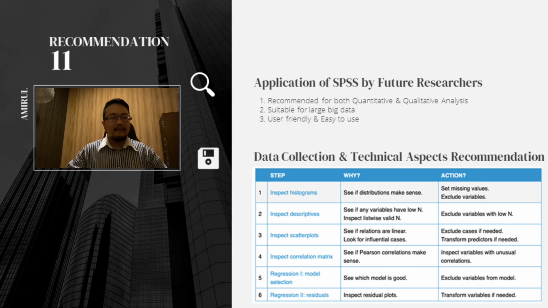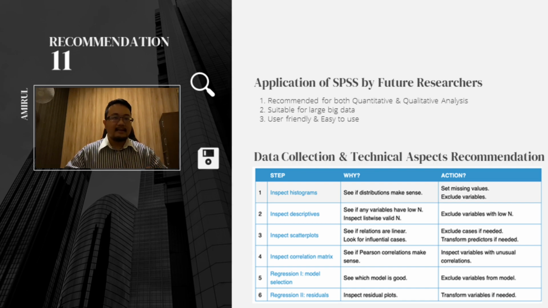According to Berg, firstly, inspect the histogram to see if the distribution makes sense and set missing values or exclude variables. Secondly, inspect descriptives to see any variable with low n. Inspect the listwise valid n and exclude variables with low n.